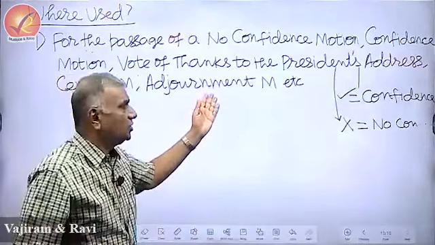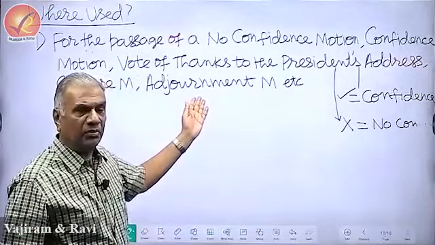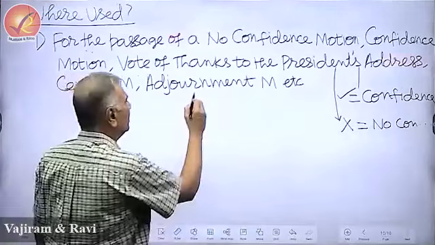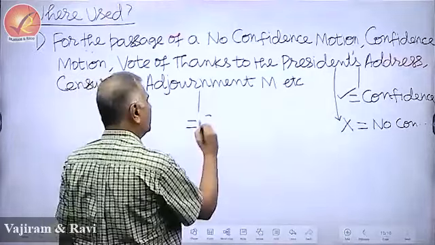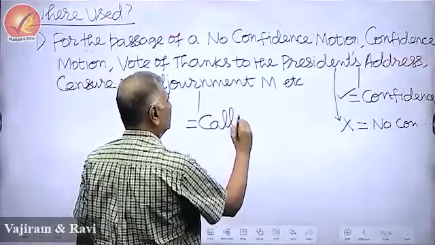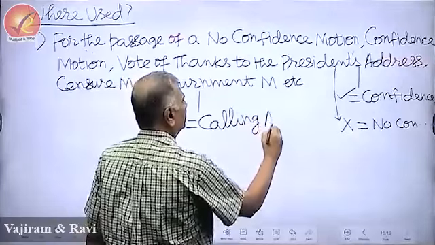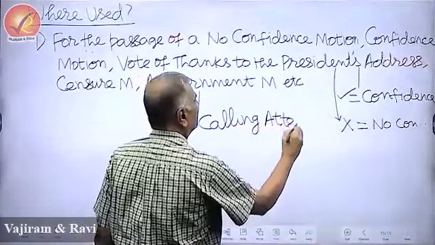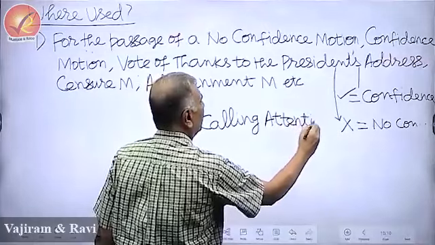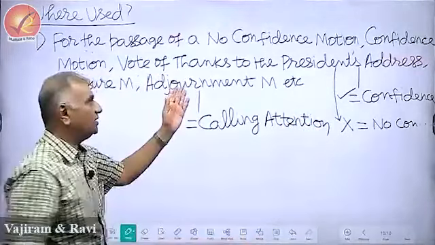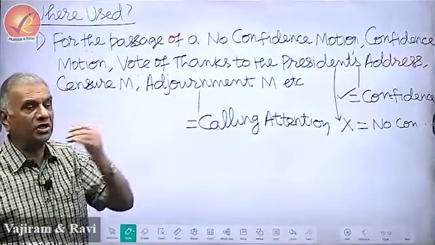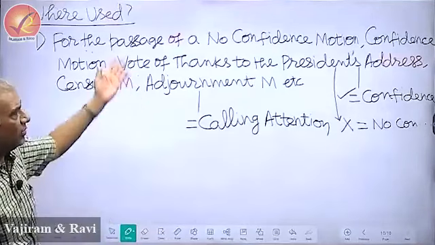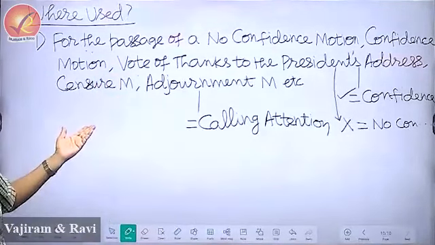Even though there is no adjournment motion that is introduced and passed in the Rajya Sabha, there is another measure called calling attention motion, which is introduced and passed in the Rajya Sabha. In a sense, you can say adjournment motion is the same as the calling attention motion in the Rajya Sabha. So more about this you can learn later.